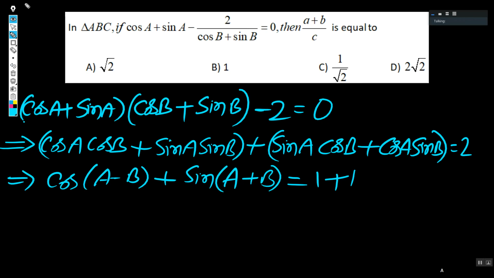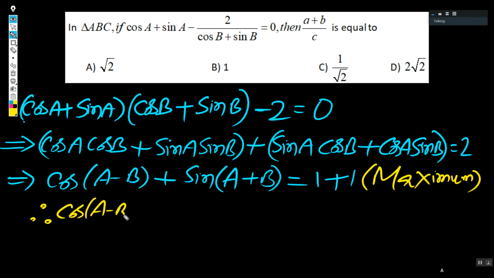Therefore cos of A minus B is equal to 1, sine of A plus B is equal to 1. Implies A minus B is equal to 0.